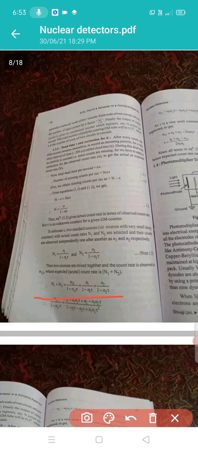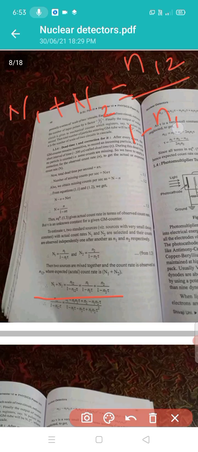Then we can write the equation: N1 plus N2 is equal to n12 divided by 1 minus n12 tau.